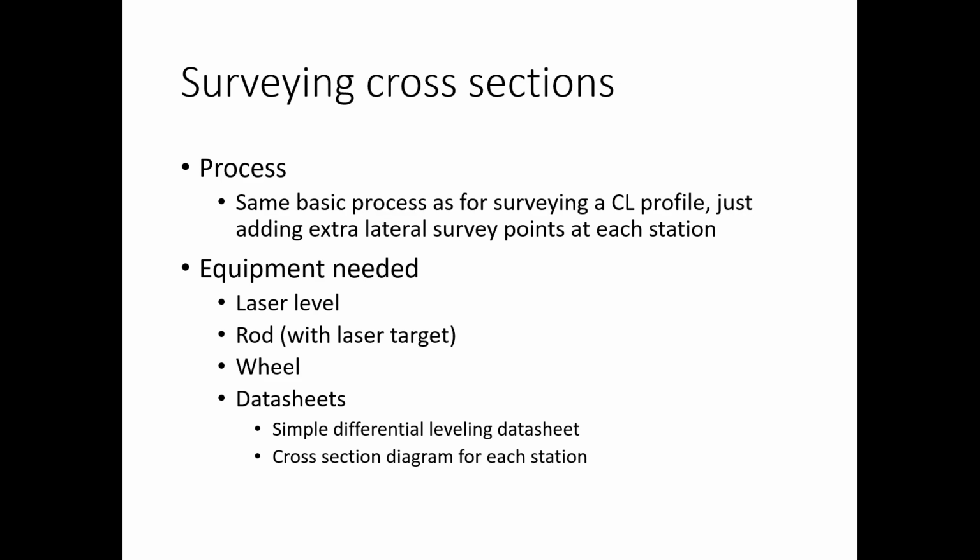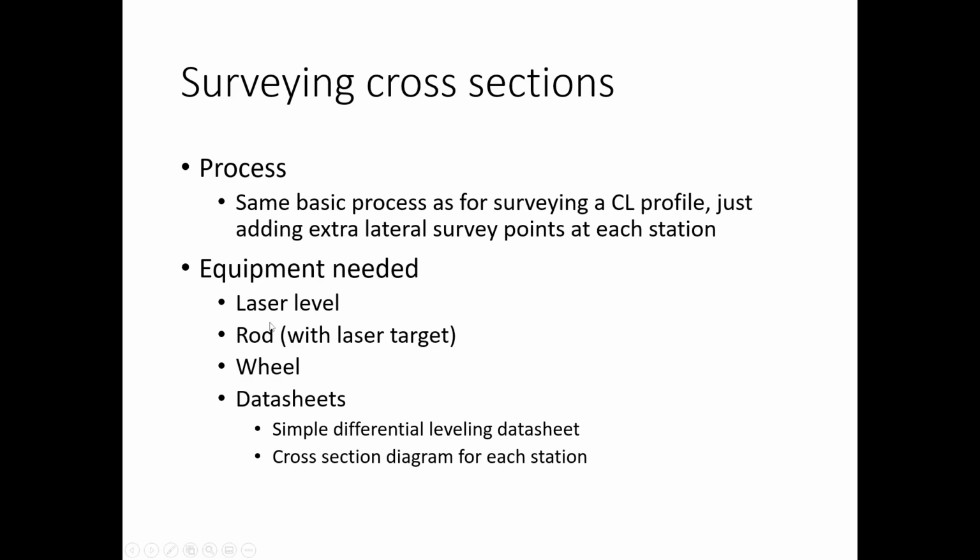So, surveying cross sections. It's basically the same basic process. We're surveying a center line profile, like we just went through. But at every station, we're now going to add extra lateral survey points. So we'll still take our center line, but now we're going to move to the left and the right across the roadway, in ditches and things, to get this survey information.